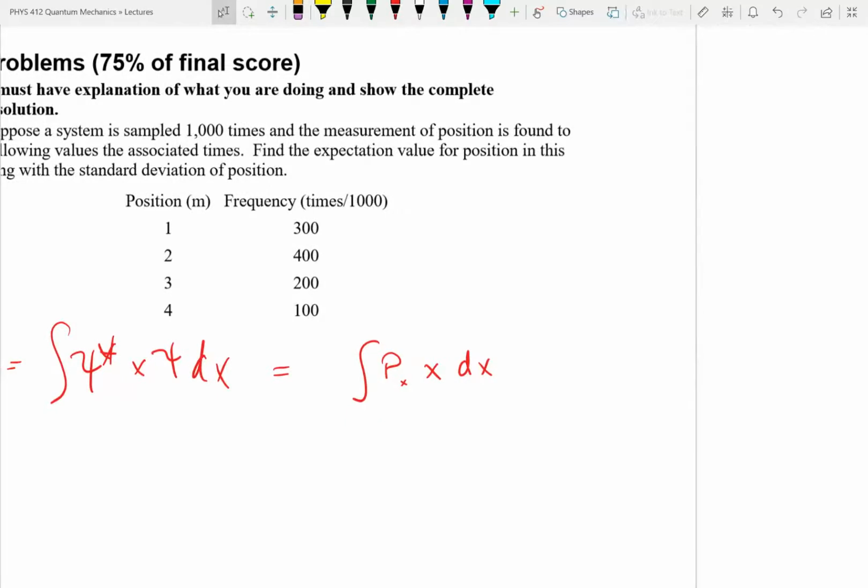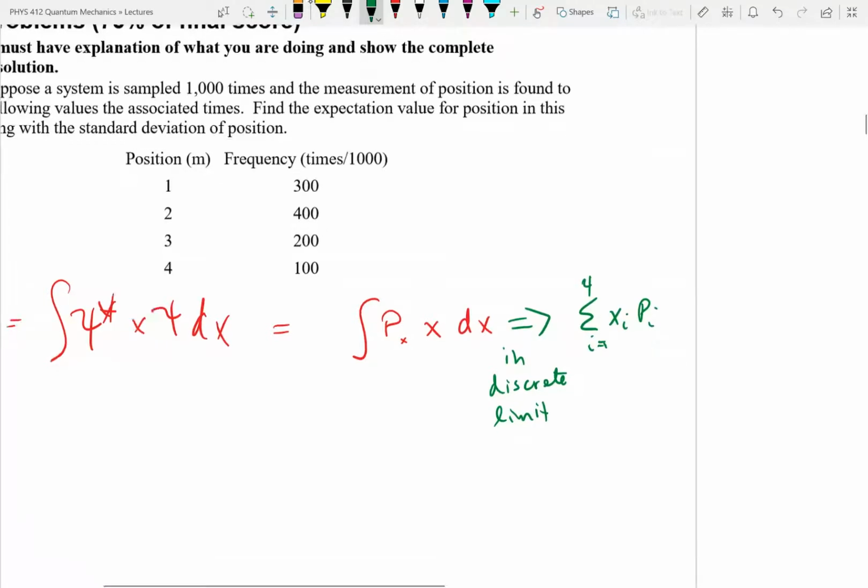So in the discrete limit, the integral sign means summation. The sum over i, where i starts at 1 and ends at 4, of x sub i, p sub i.